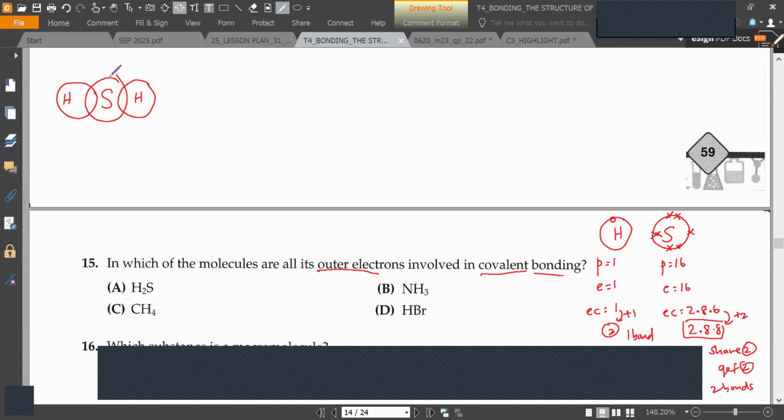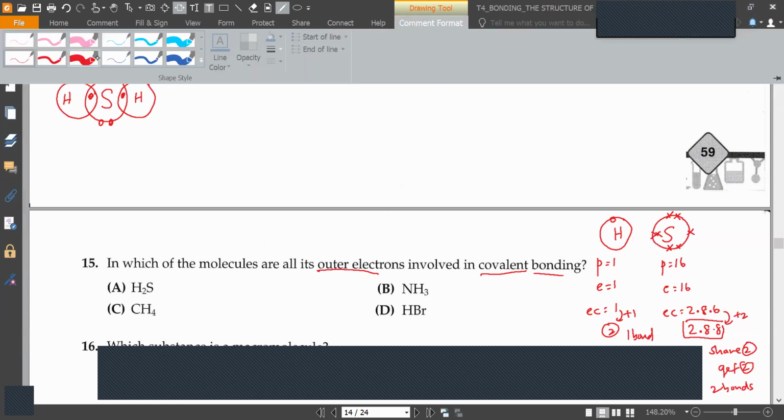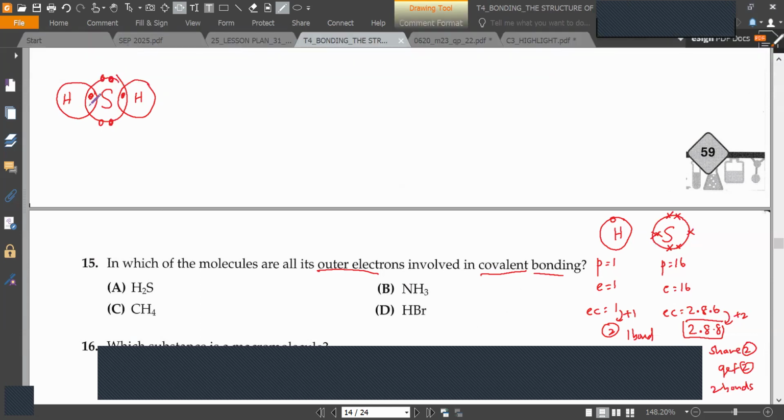Sulfur has 1, 2, 3, 4, 5, 6, so it will form 2 bonds, and hydrogen will form 1 bond like this.